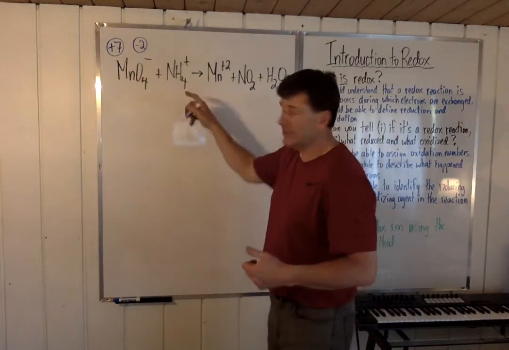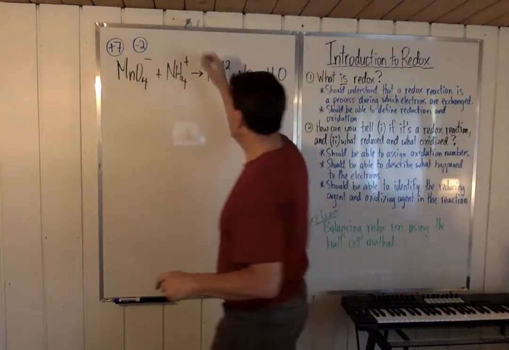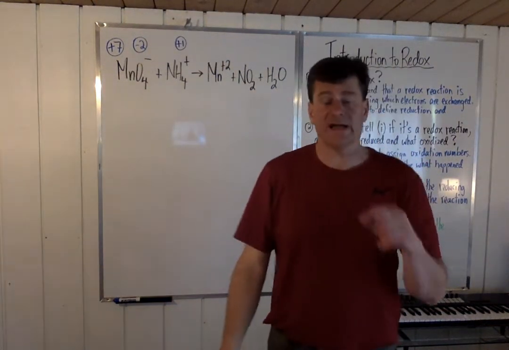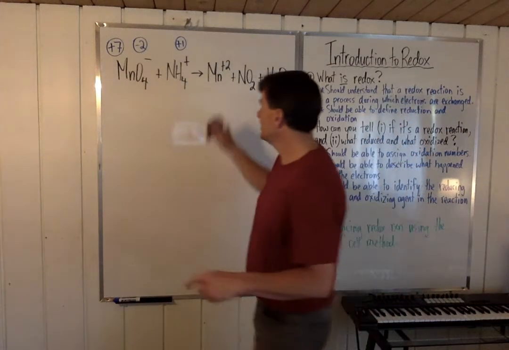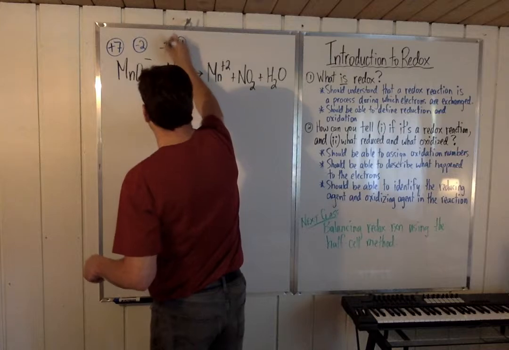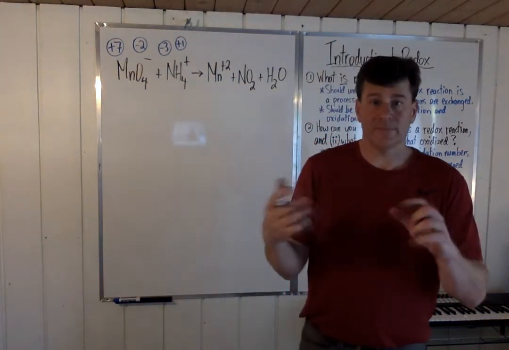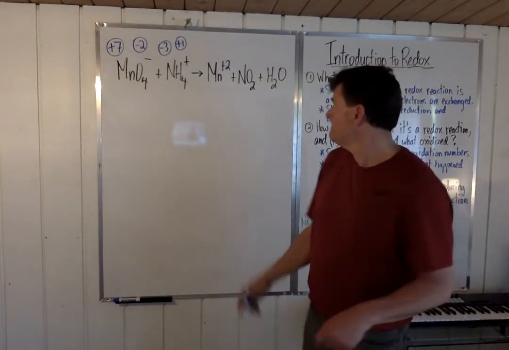Okay, NH4. So the N's and the H's, the H gets priority. The H's are +1. There are 4 of them. That's +4 total. The nitrogen, therefore, has to be a -3 in order for it to make the polyatomic ion, ammonium, come out to +1. Okay.